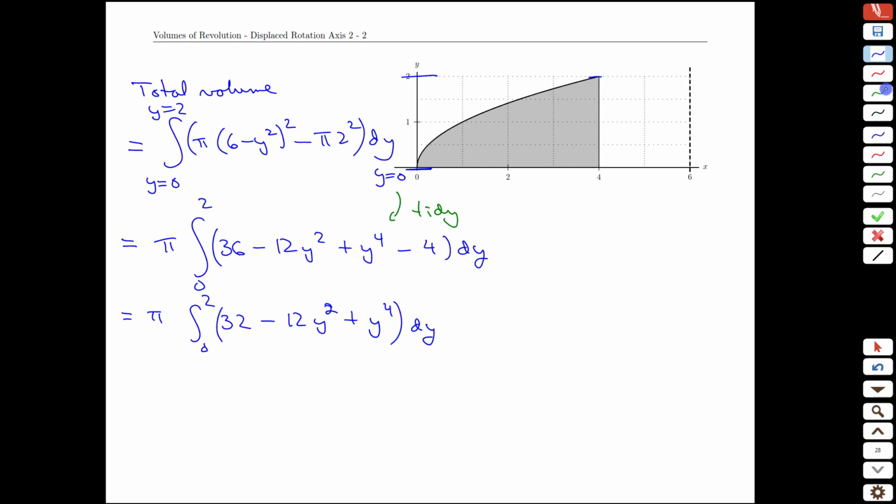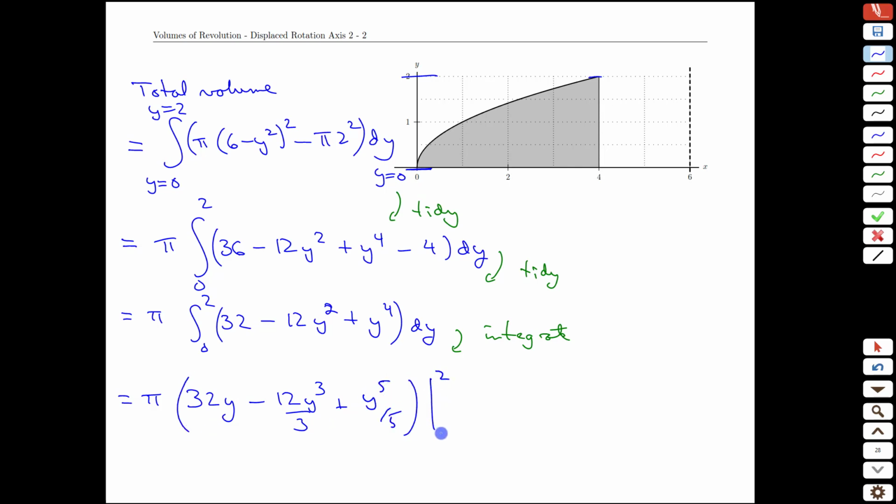We can now integrate, so this is just tidying. We have simple powers of y now that we can use our standard rules on. We'll have 32y minus 12y cubed over 3 plus y to the 5 over 5, all of that evaluated between y equals 2 and y equals 0.